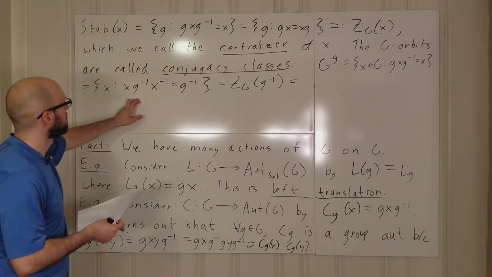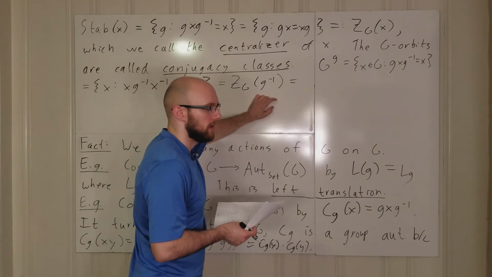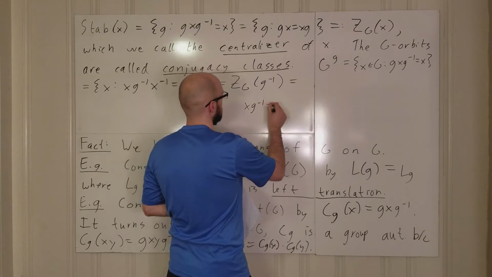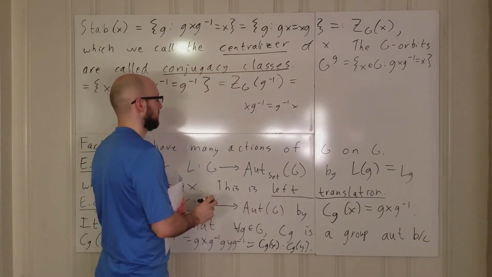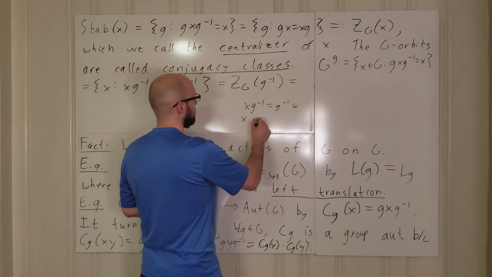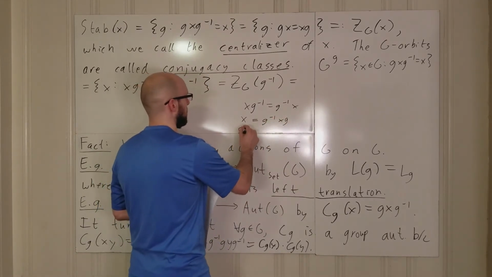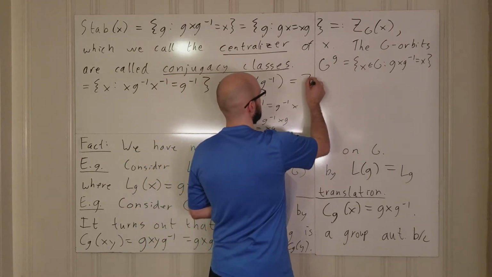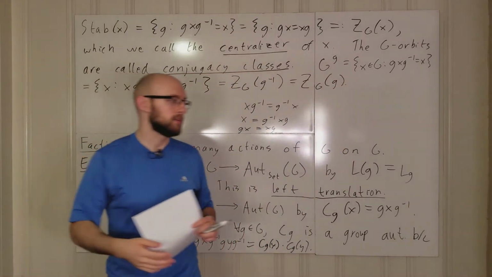So this is a collection of things that commute with g inverse. And let's see here. If x g inverse equals g inverse x, then multiplying on the right by g gives you this, and then multiplying on the left by g gives you this. And so what that shows is that this is actually the same thing as the centralizer of g.